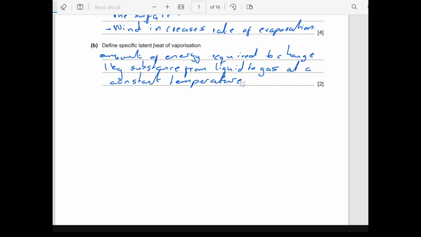So this happens at a constant temperature. That's the key word there. At a constant temperature. That's very key.